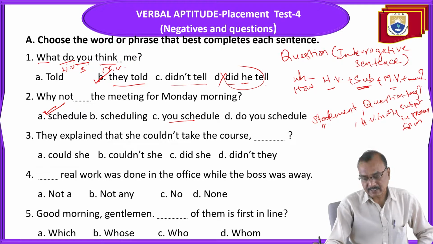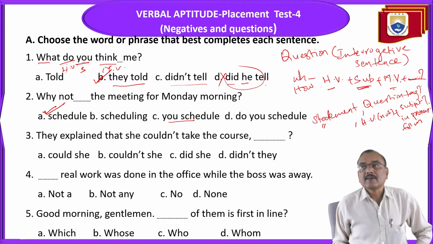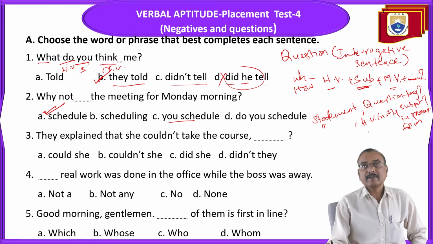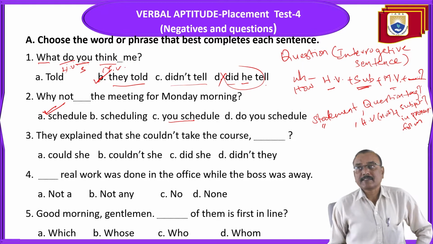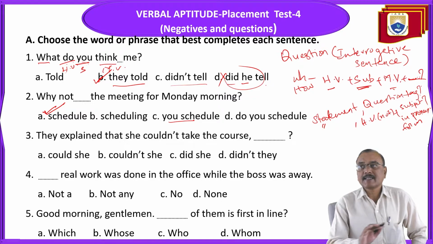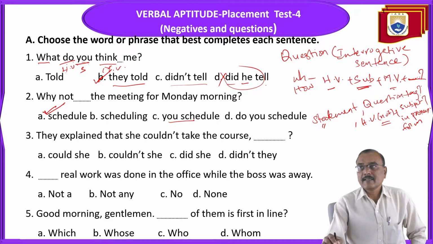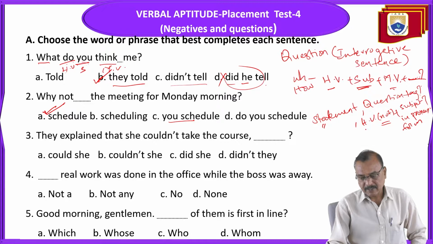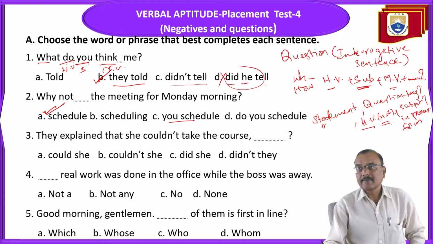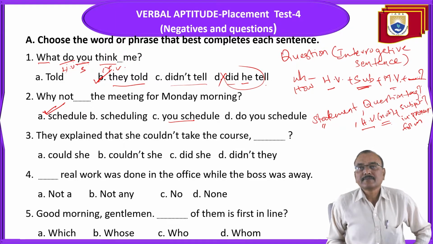This is the question tag. For negative statements, there is no need of adding not. For positive statements, in a question tag, you have to add not. Is it clear? So helping verb followed by not, then followed by subject in pronoun form.